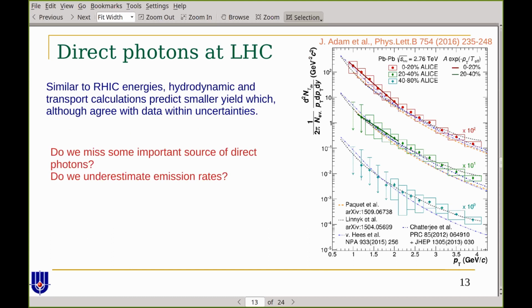So the question appears: do we miss some important source of direct photons, or do we somehow underestimate emission rates both from quark-gluon plasma and from hadronic gas, and how can we solve this discrepancy?